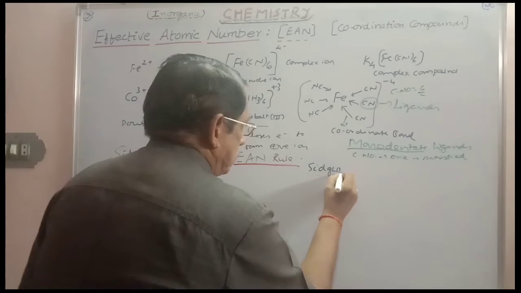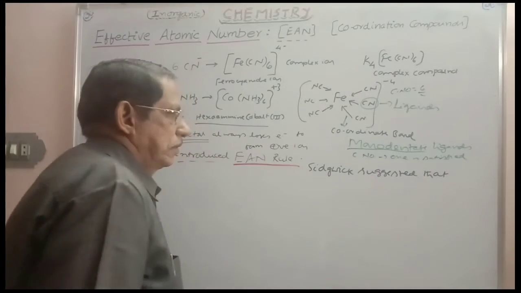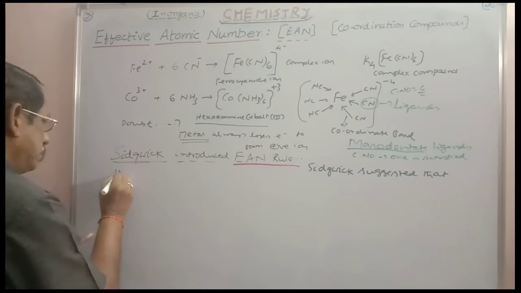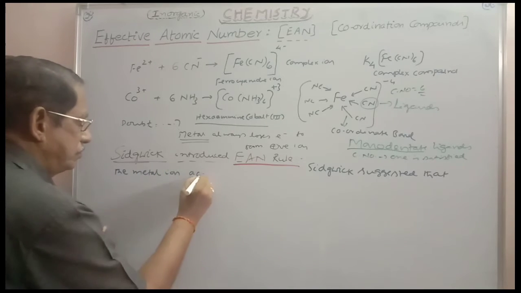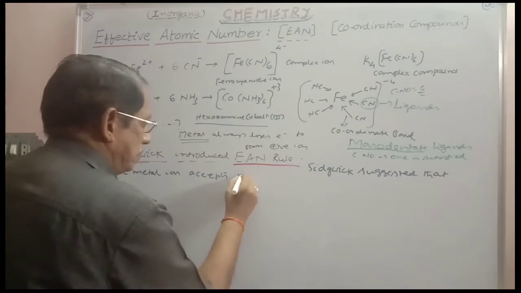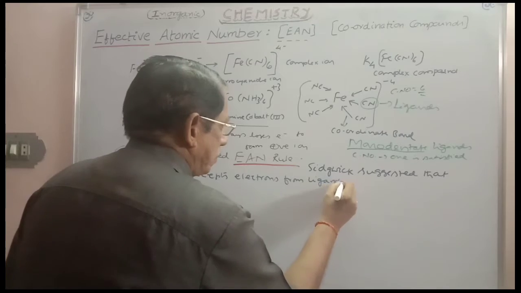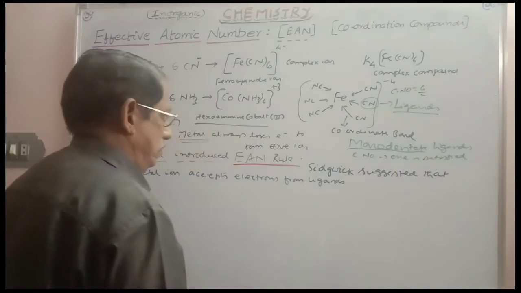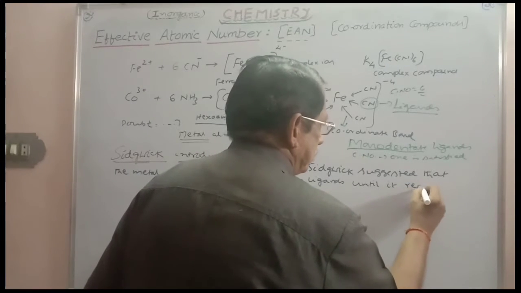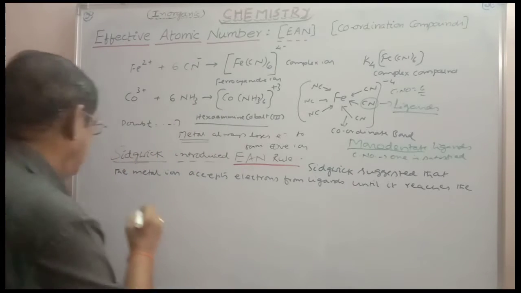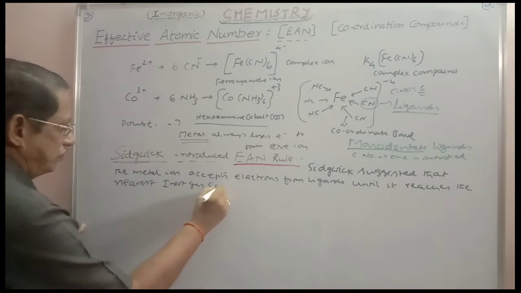Sidgwick suggested that the metal ion in a complex ion accepts electrons from ligands, these are the ligands, until it reaches the nearest inert gas configuration.